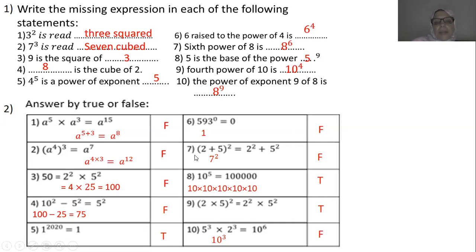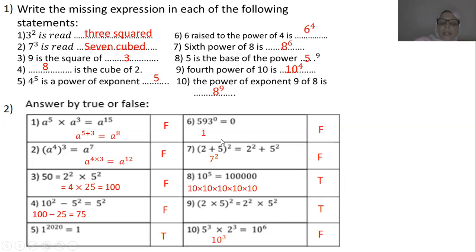Now, number 7, 2 plus 5, all of it squared. Can we write it 2 squared plus 5 squared? No, it cannot be written. Why? Because this can be written if inside we have multiplication, and this is a rule of power. But because we have addition, this rule of power, which is the fourth rule, cannot be applied here, and the squared is not given to both numbers.